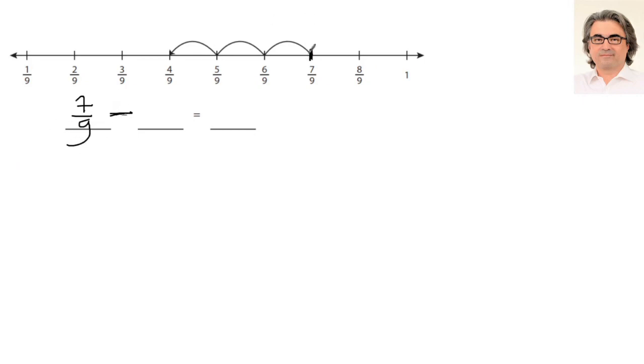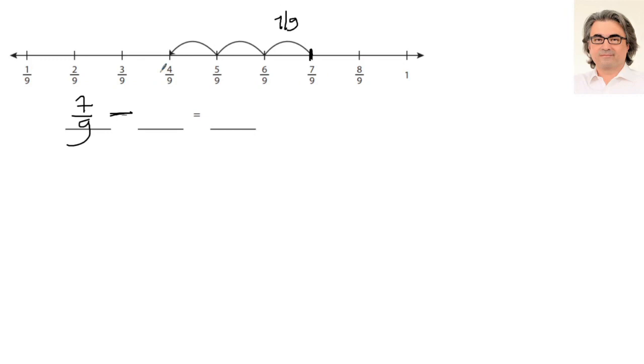And each two consecutive points, the difference is 1 over 9. So I reached 4 over 9 finally by 3 hops.